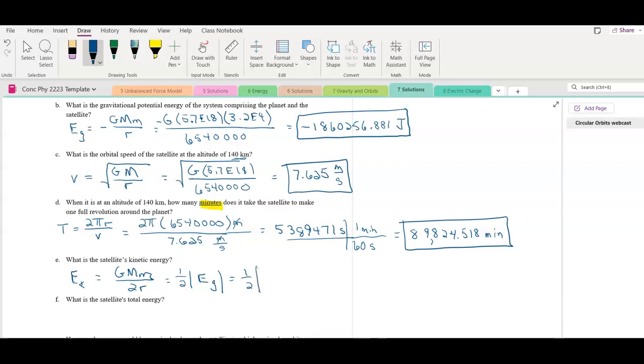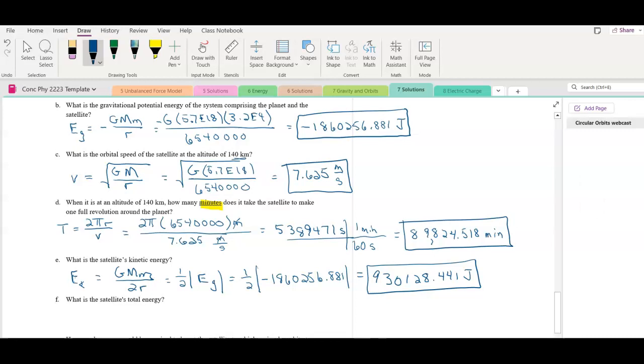So I'm going to have half of it, but it has to be positive. And so I get 930,128.441 joules. So that's the kinetic energy of this satellite.